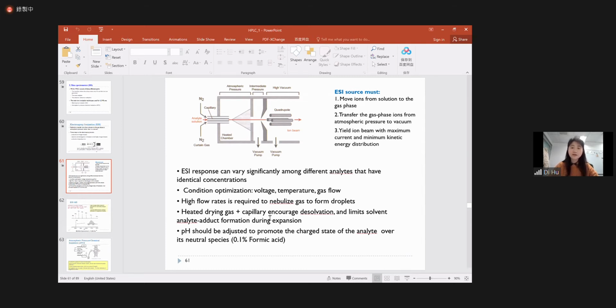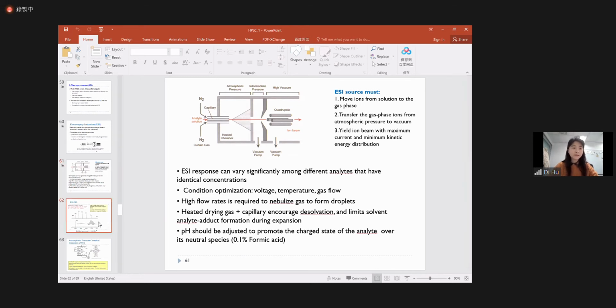So if you are interested in a certain compound, when you are using the solvent program, later on we will use some examples to illustrate that. You'll see that it's better if we elute it at a high organic portion, because organic solvents are easier to evaporate than water.